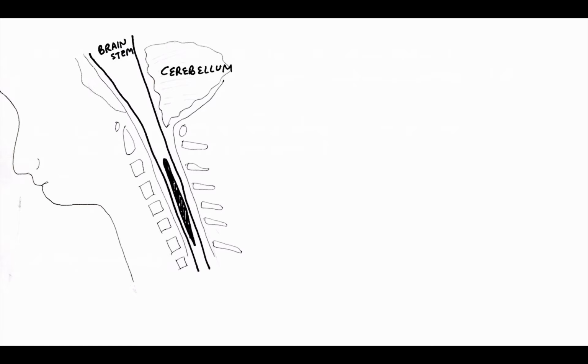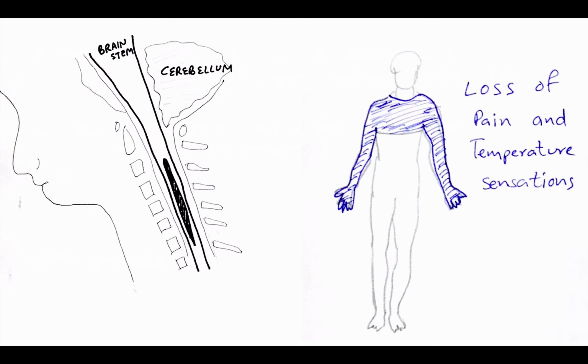Syringomyelia means dilatation of the central spinal cavity as shown by the dark matter in the diagram here. Patient typically presents with loss of pain and temperature sensations, which is caused by lateral spinothalamic tracts, only if the syringomyelia is in the cervical spinal cord.